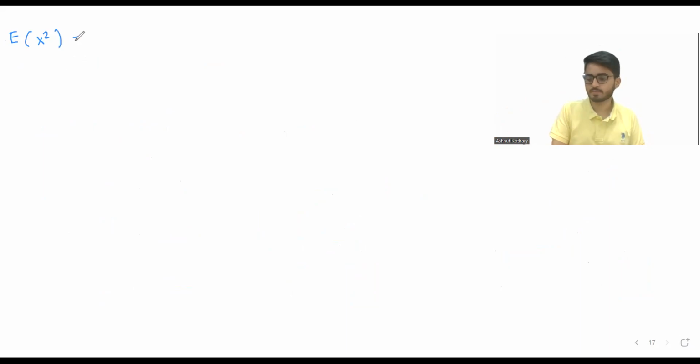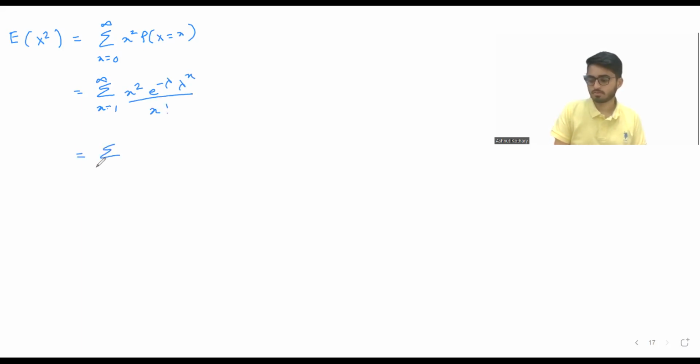But let us first find expectation x square, which will be summation x square, probability x equal to x, x running from 0 to infinite, which I can write as x running from 1 to infinite, x square e to the power minus lambda, lambda to the power x by x factorial, x running from 1 to infinite. This will be x e to the power minus lambda, lambda to the power x by, let's say, x minus 1 factorial.